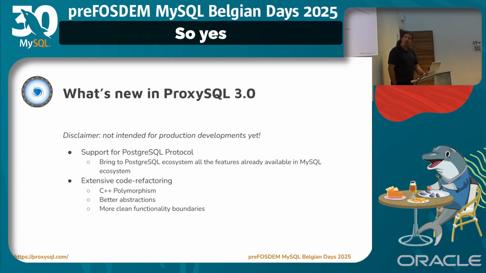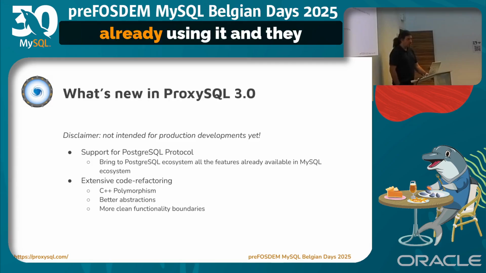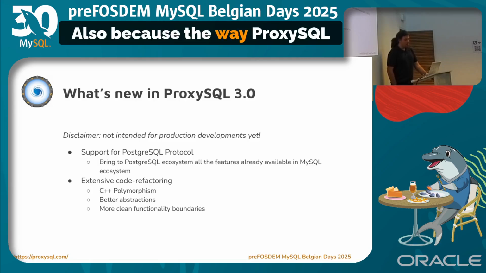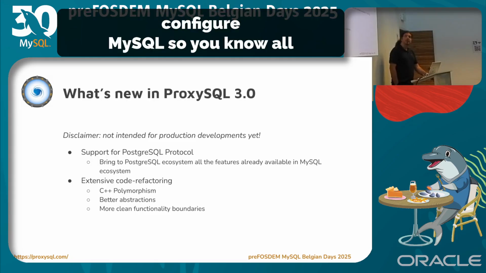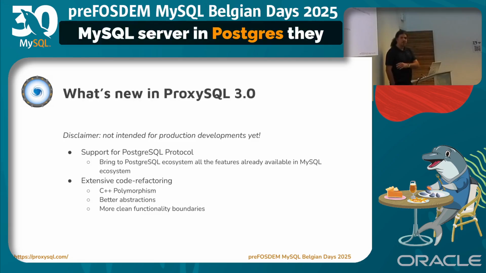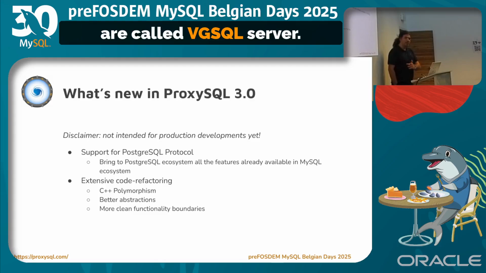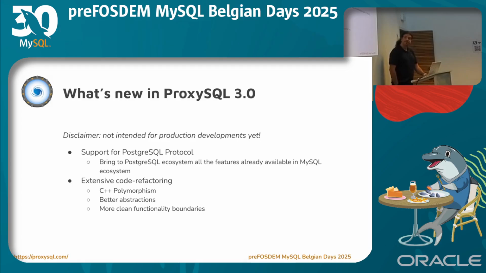So yes, we are now supporting Postgres as well. We have some users that are already using it, and they seem very happy, also because the way ProxySQL is configured for Postgres resembles a lot the way we configure MySQL. You know all the tables that are called mysql_servers, in Postgres they are called pgsql_servers, mysql_users become pgsql_users, and so on.